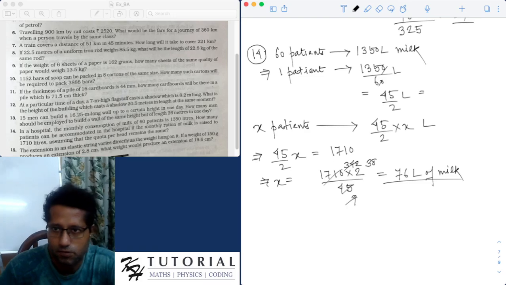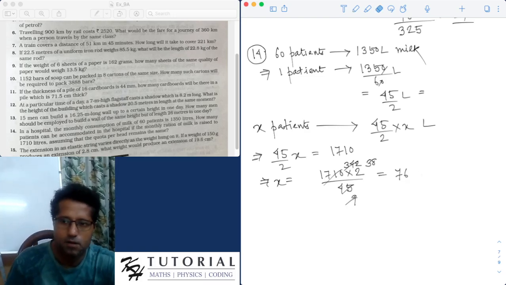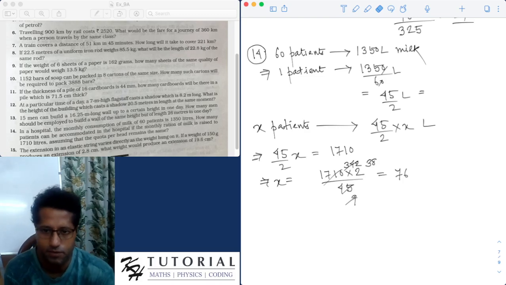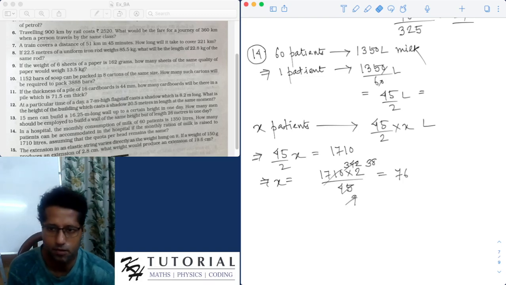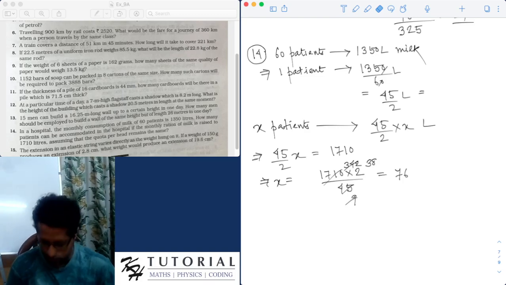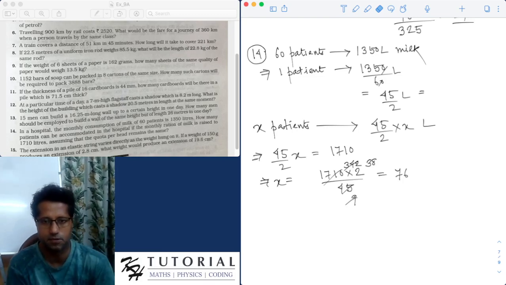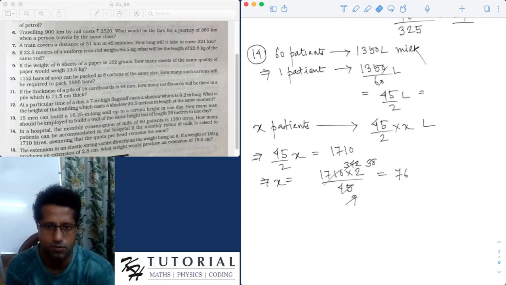Sorry, not liters of milk. This is 76 patients. So 76 patients can be accommodated where they are consuming 1710 liters of milk. So here the constant is that the consumption of milk per patient in a month is the same, and we have found that consumption from the first given data, that is 60 patients consuming 1350 liters of milk.